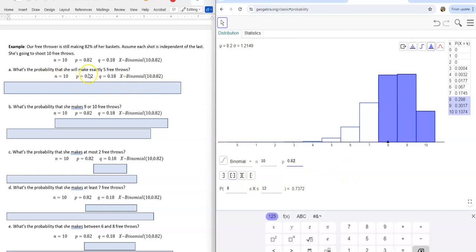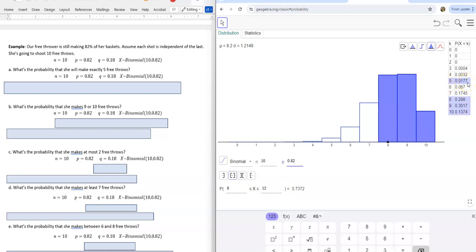When you're looking at the probability of making exactly 5 free throws, you can just use the numbers over here. This is the probability of getting 0 free throws, of getting 1, of getting 2, all the way up to getting 10. You can also see that we have this highlighted right now for 8, 9, and 10. We'll change that in a second. But if you just want to know one exact value, like 5, you can come right here and see that it's 0.0177.